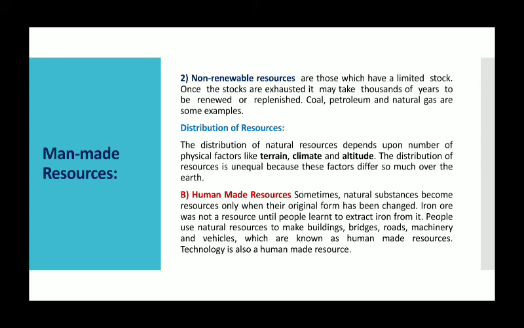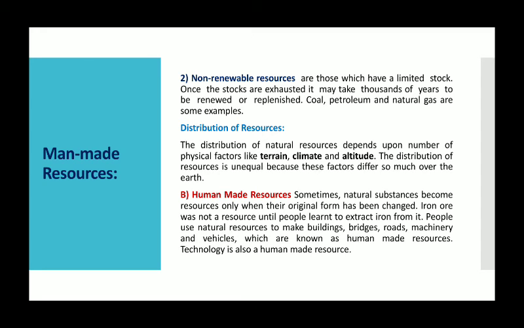Non-renewable resources are those which have limited stock. For example, coal, petroleum, and natural gas. You can see these are limited in stock. Once exhausted, they will need enough time to get renewed once again. In other words, we can say that these resources take almost thousands of years to get renewed.